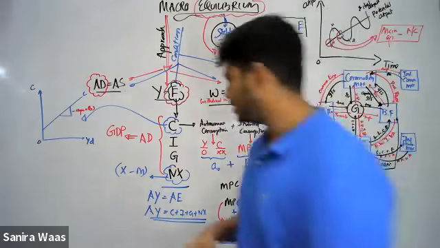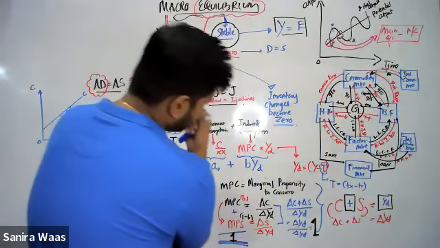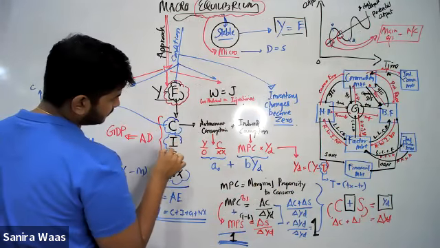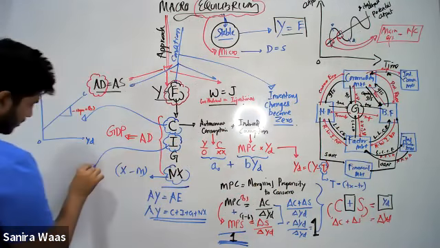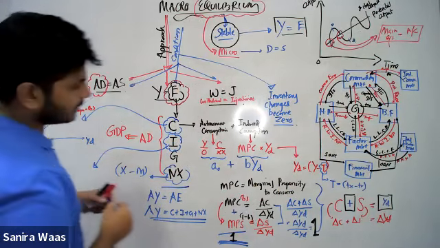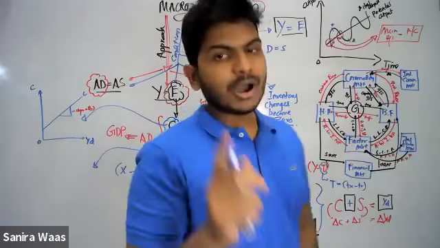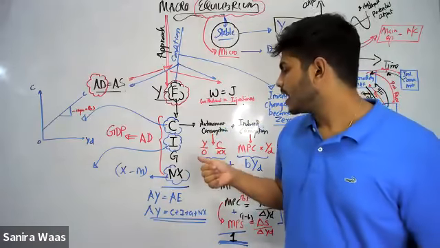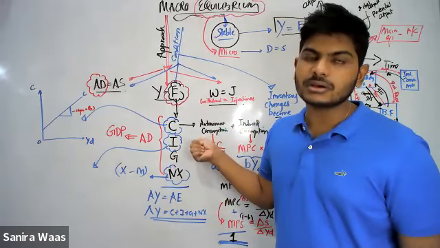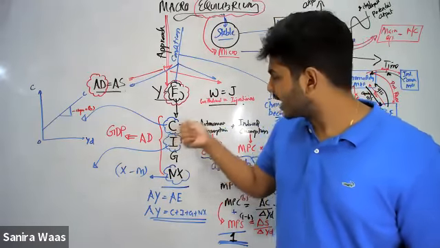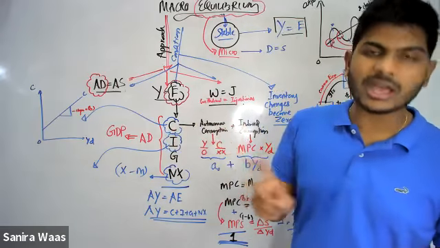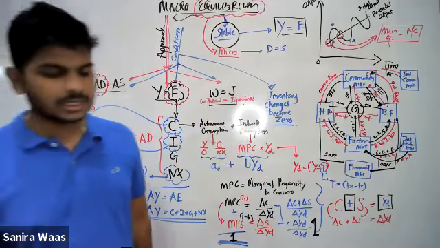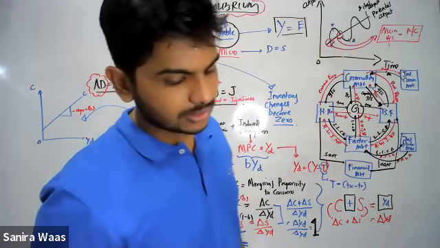Now let's go into the investment part. Now tell me, in your investment, do you have an autonomous investment and an induced investment, or do you have only one? What is there? Do you have both autonomous and induced, or only one?